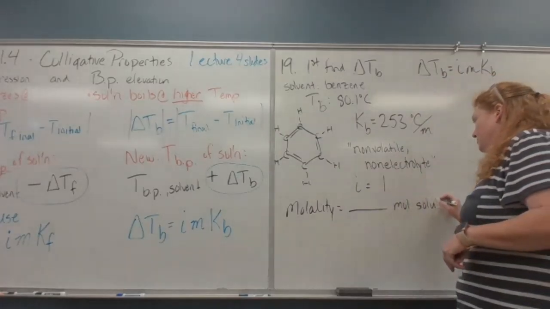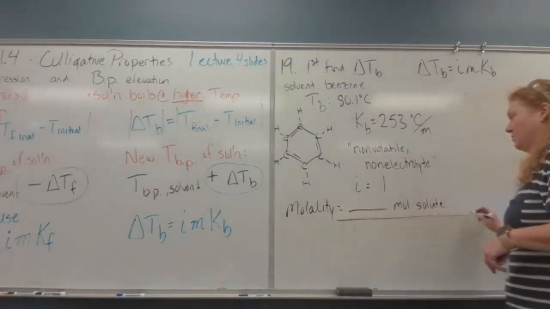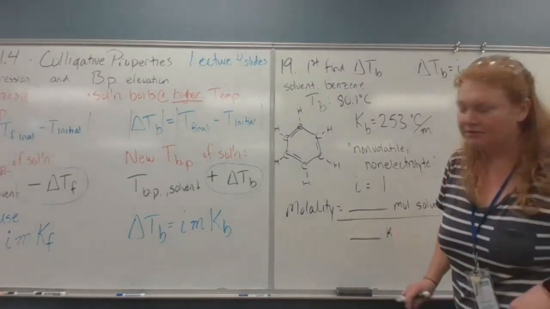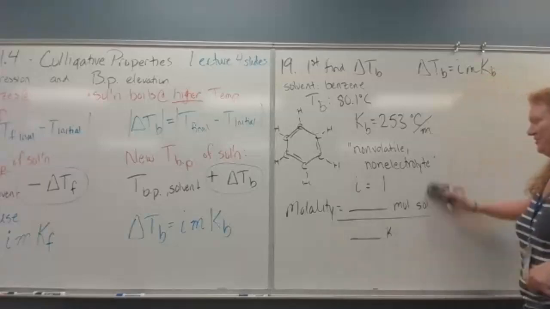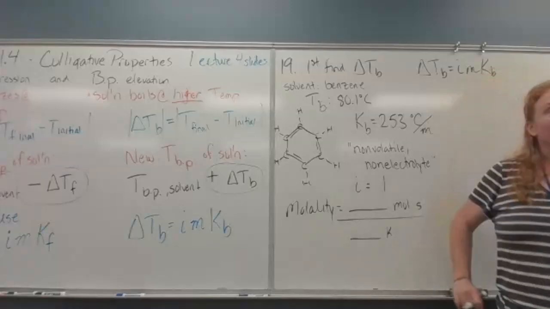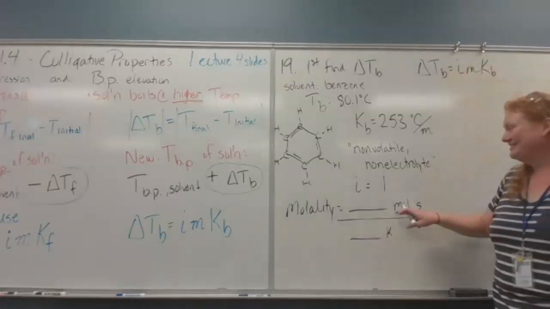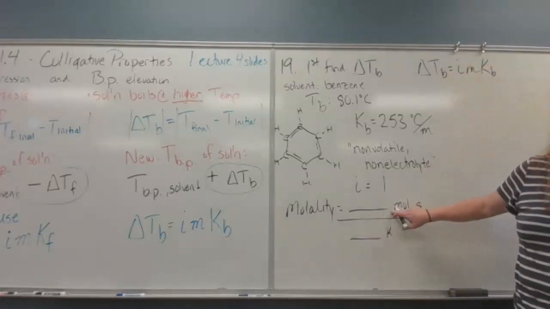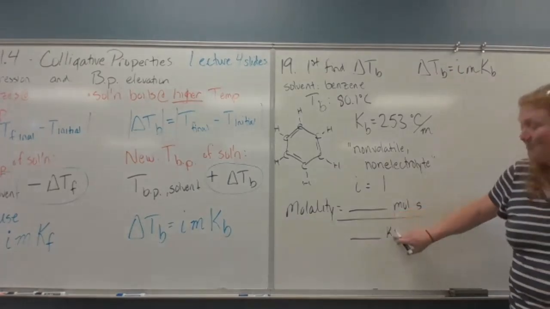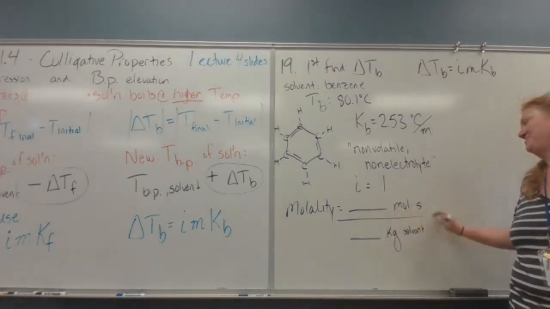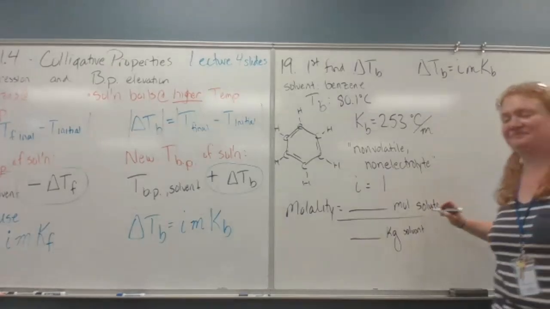Moles of solute divided by, my bad, it did give it to us. But what if it didn't give it to you? What would you do? Figure out how many moles. Divide by how many, what? Kilograms.